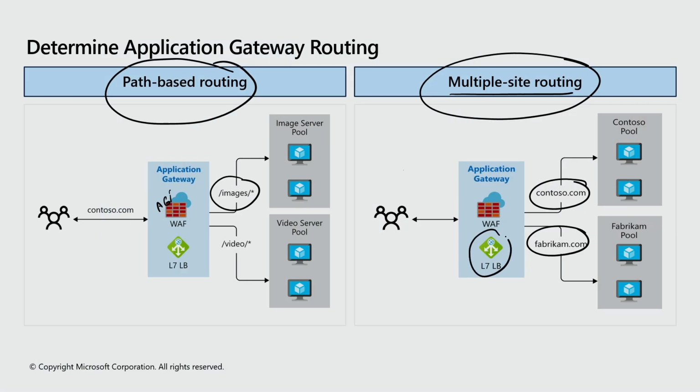And remember, at the end of the day, once it figures out where to send it, it then is going to provide the load balancing of that, but at layer 7, higher up in the OSI model from the application layer itself. So we haven't talked too much. We've done more of the WAF features, but the load balancer, once it figures it out, we have that traditional load balancer to be able to balance the load in the back-end pool.